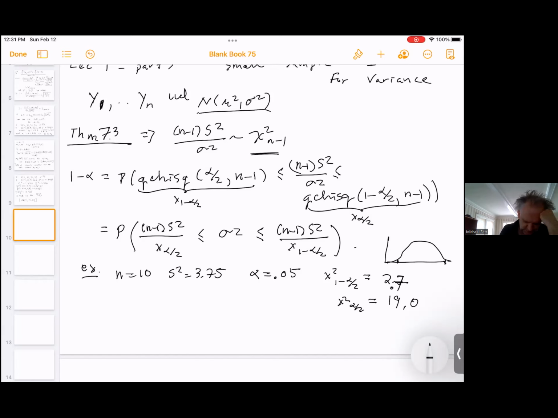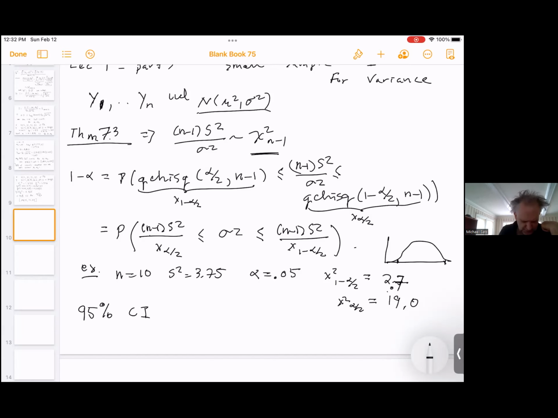And then your confidence interval becomes, so let's see, the 95% CI is equal to, what do I have here? 9 times s squared, so that's going to be about 30 something, divided by 19.